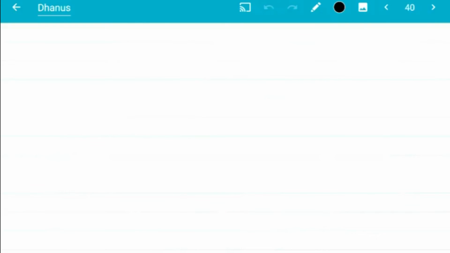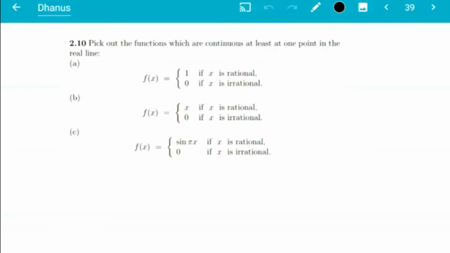Another question, this is also from the NBHM M.Sc 2012 question paper. Pick out the functions which are continuous at least at one point in the real line.